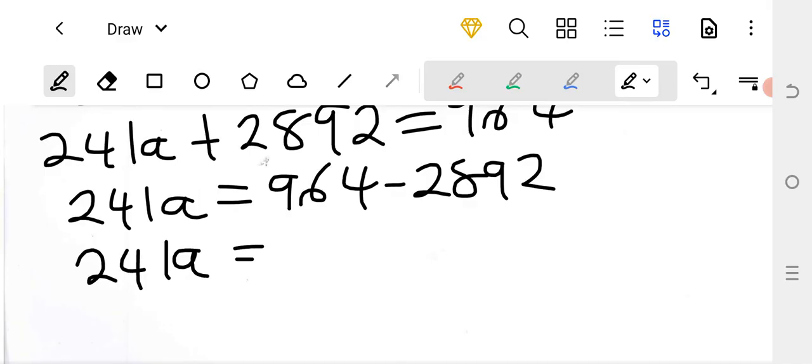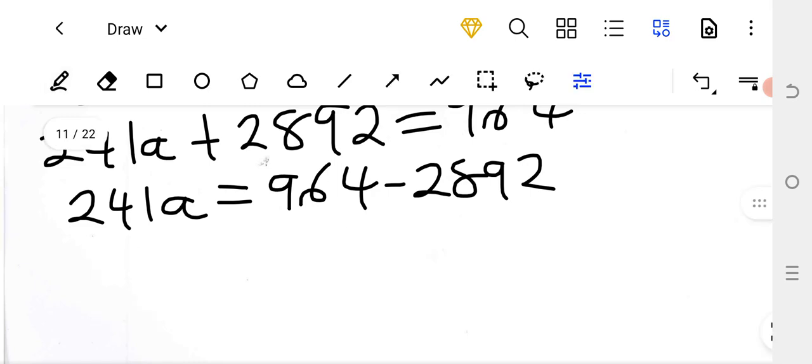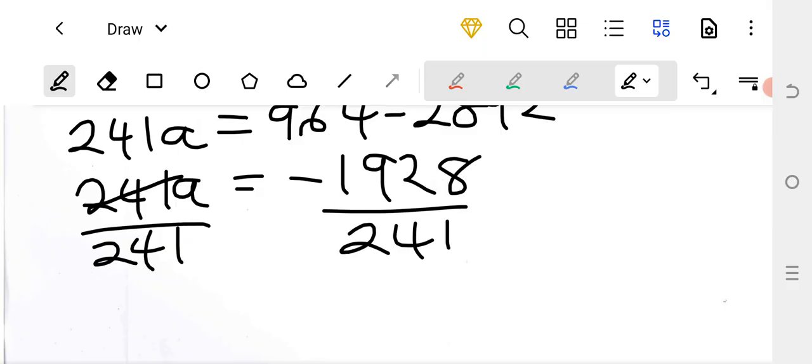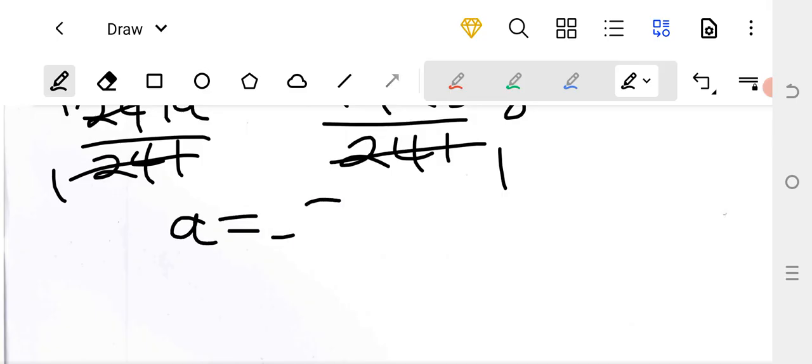If you type that into your calculator, you're going to have negative 1928, and divide by 241 to continue. 241 can go into itself 1, into 241 it's 1, into that number you're going to have what? An 8. So a is equal to negative 8.